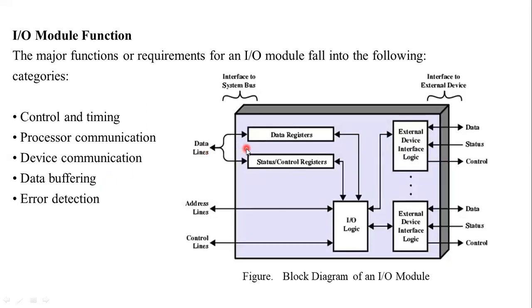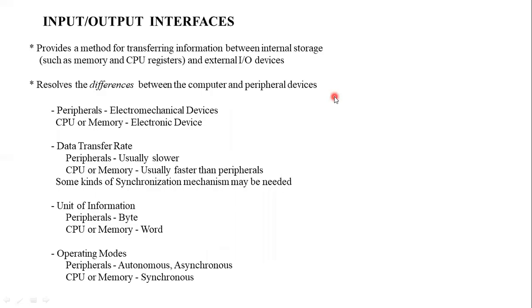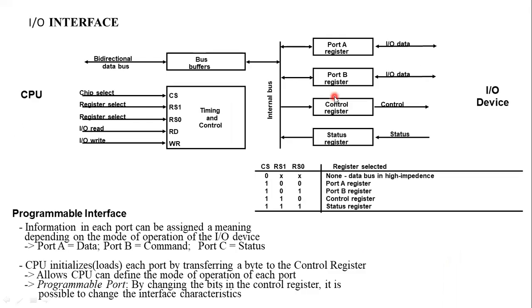So these are the four to five functions of the IO module. You will see the complete working of this through the next figure.